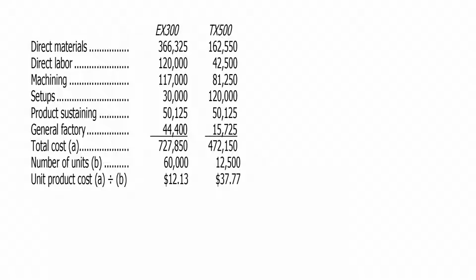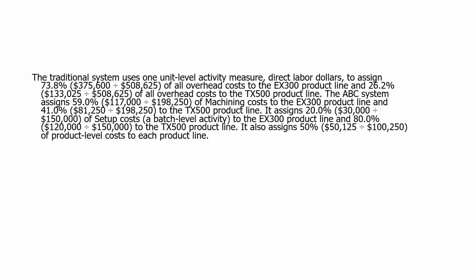Why do the conventional and activity-based cost assignments differ from one another? Well, the traditional system uses one unit level activity, direct labor dollars. That's it. So it assigns all the overhead based on that to the EX300 product line and all the overhead costs to the TX500 product line.